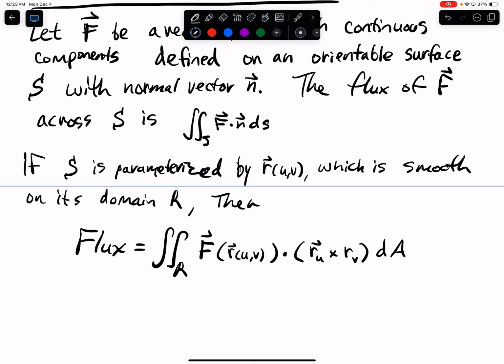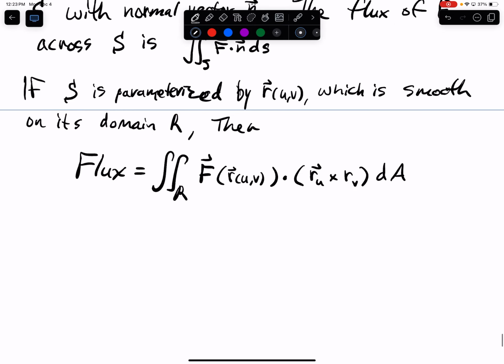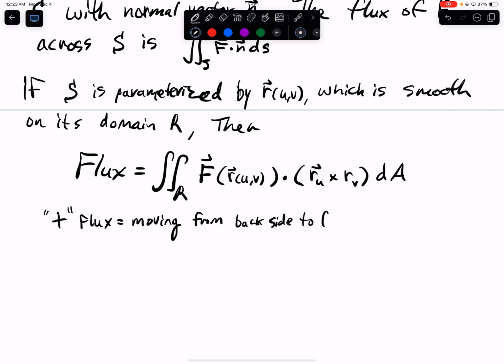All right, so positive flux means that we're moving from the back side to the front side of the surface.